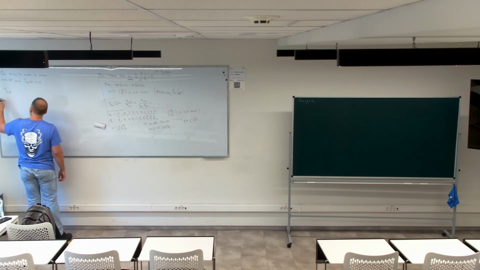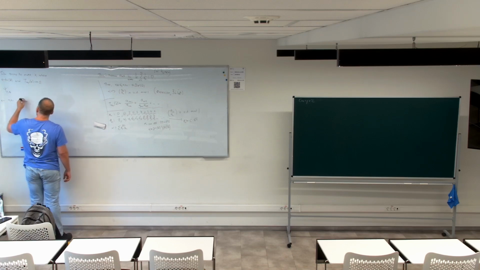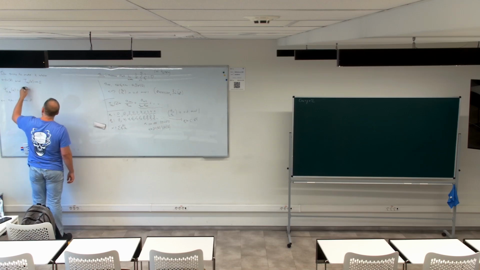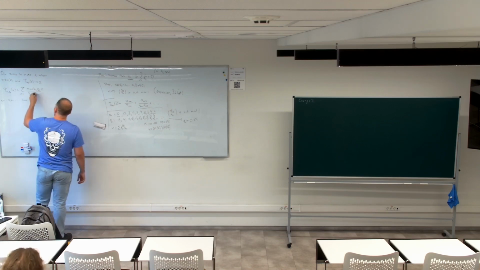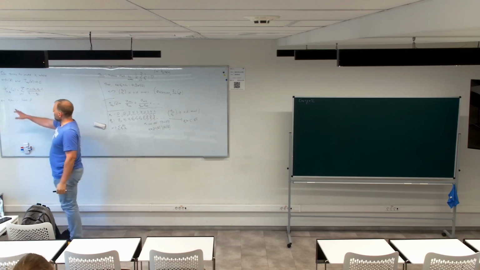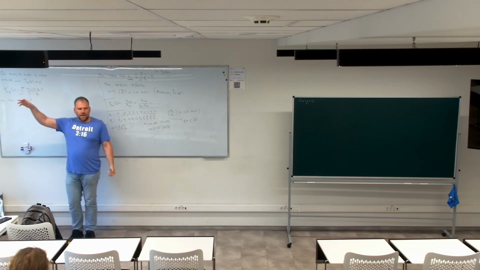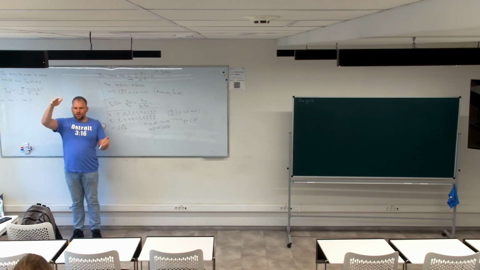Let's say x is equal to 0.a1 a2 and so on in base P. And we write that psi PQ of x is going to be the sum from n equals 1 to infinity of the minimum of an and qn minus 1, over q1 to qn. So what we do is we take an expansion in base P, and if digits are too big, we just cut them down to the biggest they can possibly be.